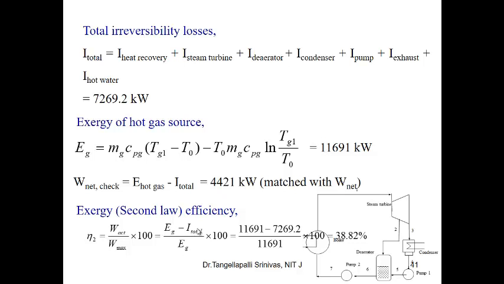The exergy output is the work output, and the exergy input is the exergy associated with the hot gas. After substituting all this data, we got 38.82%, which is above the first law efficiency. This is the second law efficiency. Second law efficiency or exergy efficiency is 38.82%.